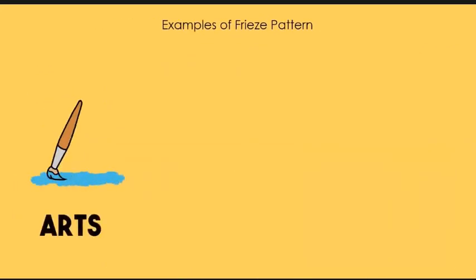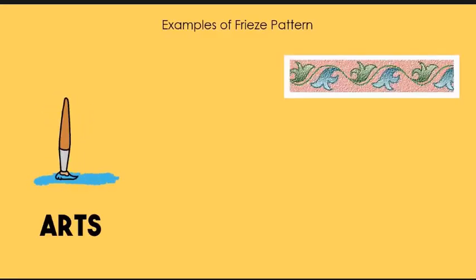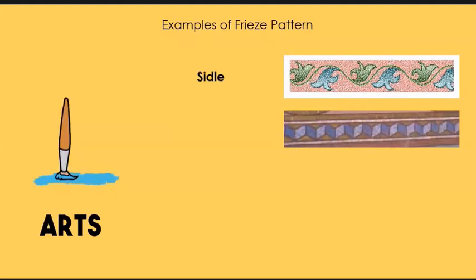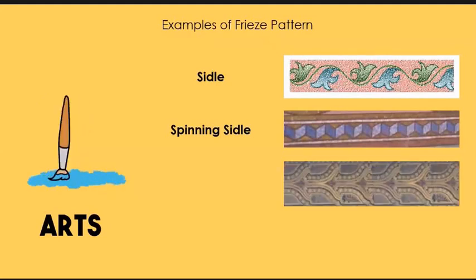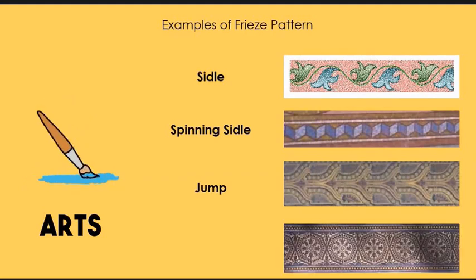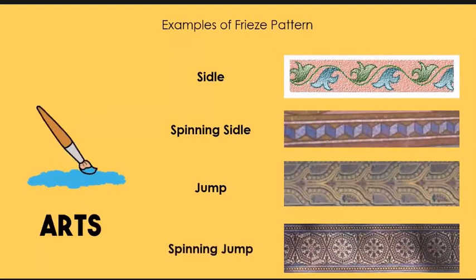Next, in arts, the first example is Andrew Glasner's hand-drawn pattern, and it is an example of a sidle pattern. The next example is Nuestra Senora mosaic, which illustrates the spinning sidle pattern. Next, the Mezquita ceiling, which is an example of a jump pattern showing a horizontal reflection. Lastly, the back of a bench in Seville, Spain, showing a spinning jump pattern.